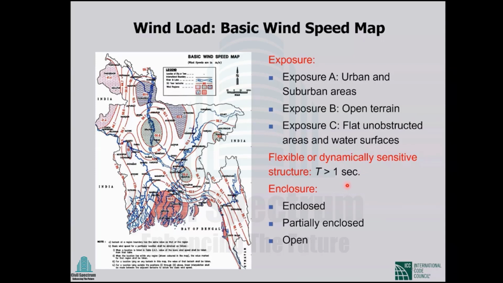And this is important: all the calculations become different if a structure is too flexible. If a structure is very tall, then we call it a flexible or dynamically sensitive structure. Previously, it was called a slender structure. It depends on the period, basically the height of the building. If the period of the structure is more than 1 second, then it is a flexible structure. So the calculations become different later.